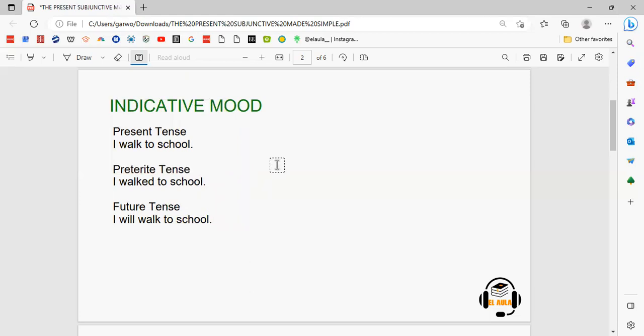Now, in all these sentences, there's a level of, as I said before, certainty. We're sure we walked to school. We're sure that we will walk to school. In other words, there's no doubt that these actions are definite and concrete.